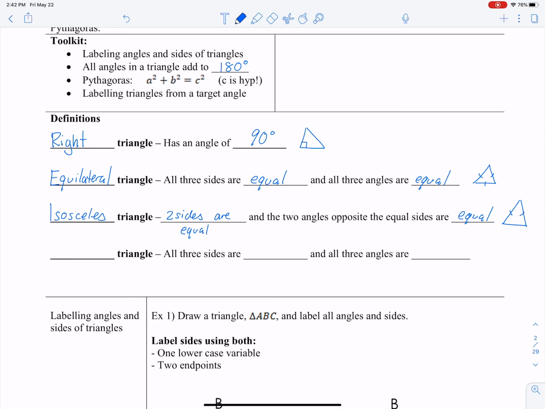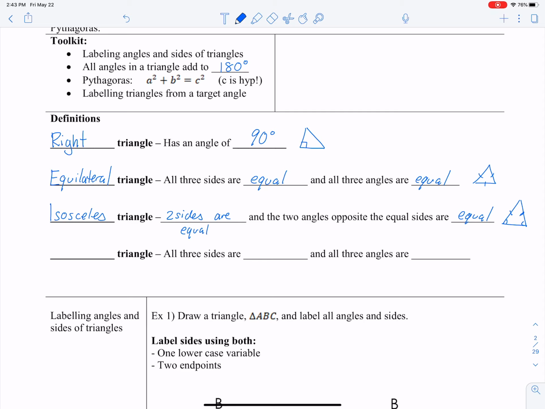So those two sides are equal. And then if you follow across, so here's a side, this is the angle that's opposite that side. So this angle, and then here's the other side. This is the angle that's opposite that side. So these angles are the same. So those two things are equal.